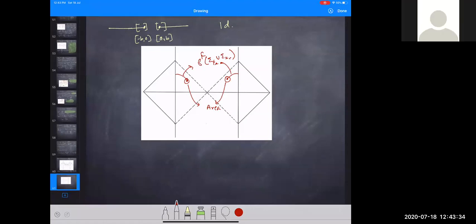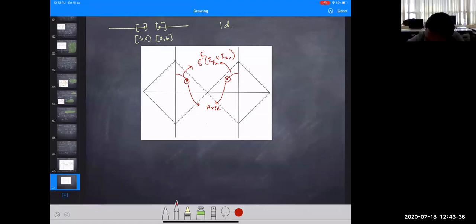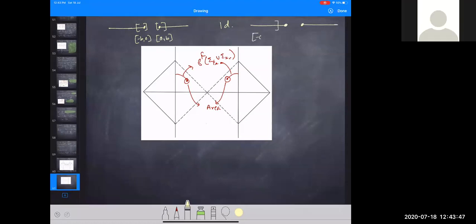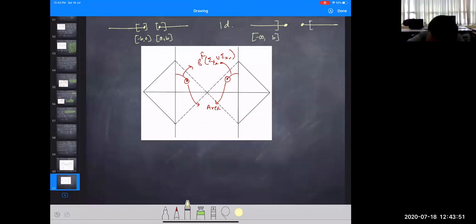Okay. Then what is the entanglement entropy of the remaining region? In the sense that if I want to compute the entanglement entropy of this region, minus infinity to B, and here also minus B and B to infinity.